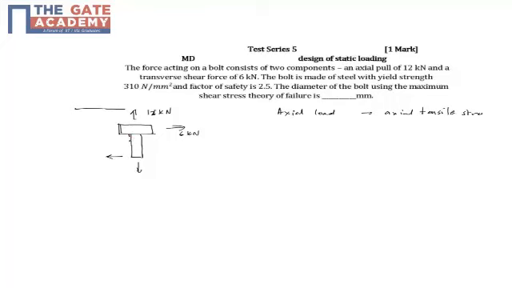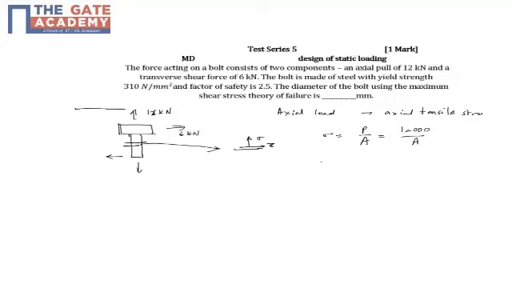If you take any cross section on the shank, you have an axial load which creates a tensile stress, which is load by area, and the load is 12,000 Newton by area. Also the transverse load will create a shear stress.